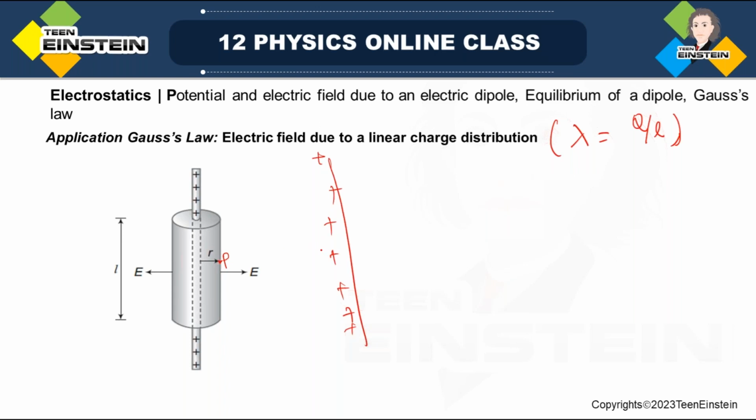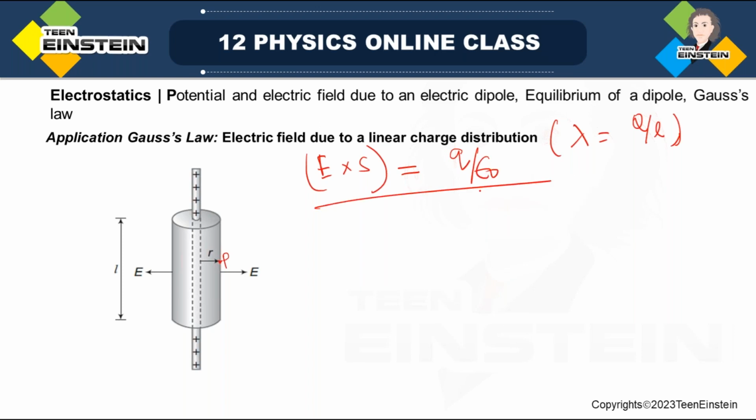So how to find out the electric field? Let me write down Gauss's law in its very simplified form: E into S equals charge enclosed by epsilon 0.